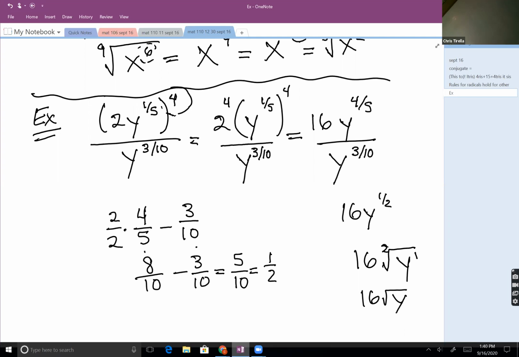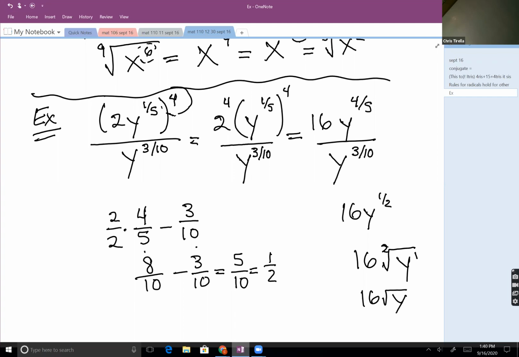They'll either say express it as a radical, in which case you want the square root of y, or they'll say write it with exponents. And it says the exponents can be either fractions or integers. They'll always say non-negative exponents though. So what's best is what the directions ask you for.